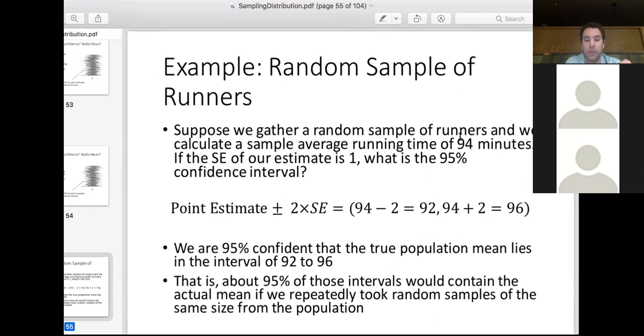Our point estimate is 94, and the standard error is 1. Multiplying the standard error by 2 gives 2, and adding and subtracting 2 from 94 gives a confidence interval of 92 as the lower limit and 96 as the upper limit. To interpret this, we can say we're 95% confident the true population mean lies between 92 and 96.